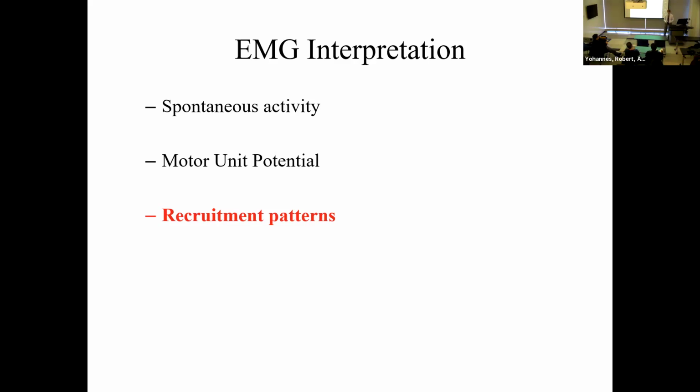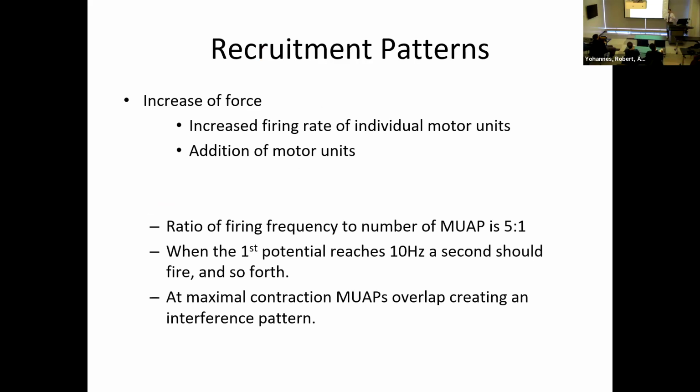So instead of using just one motor unit and having it fire at a higher rate, we'll have 10 coming to the task, and they together will produce enough force, hopefully, in order to achieve the task. Now, normally, we have what's called a recruitment ratio. We have one unit that fires, and then when we reach a certain firing rate, that's a signal to incorporate more units.